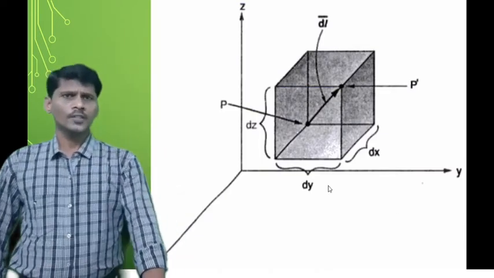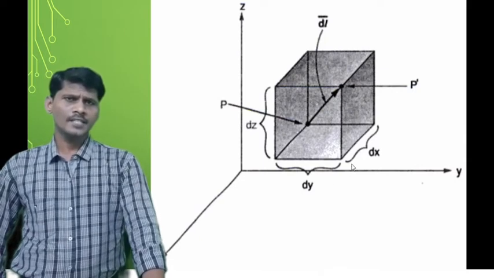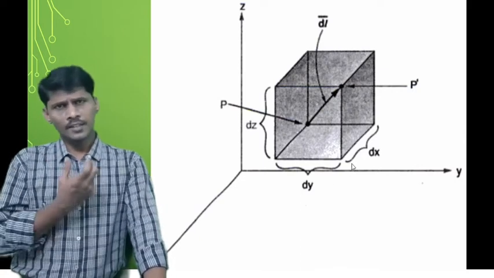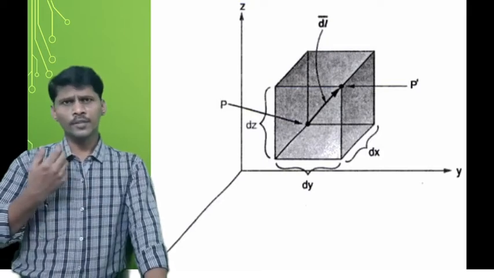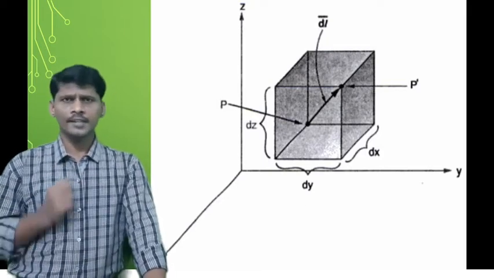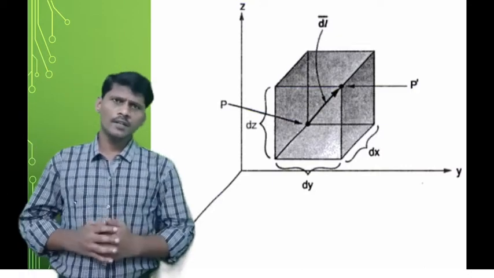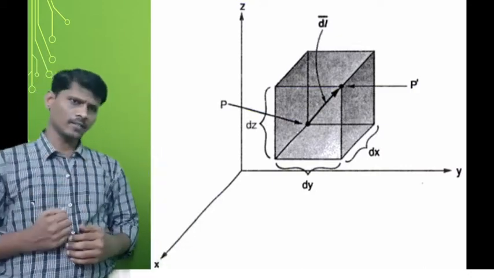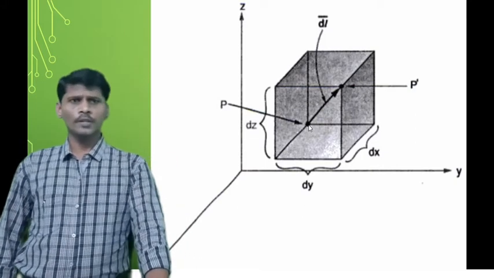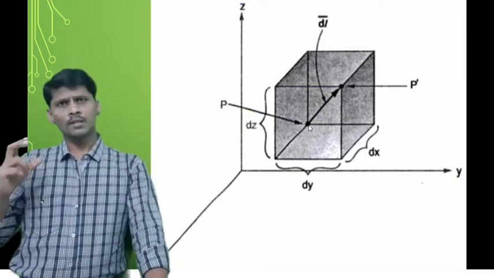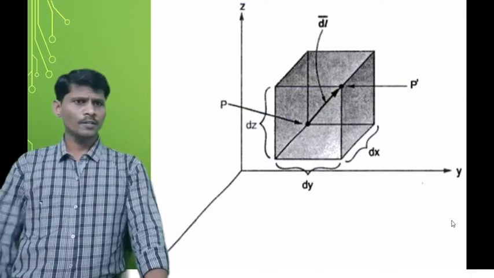So consider the cube in the plane, and dx is the elementary length or the differential length, dy is the elementary length or differential length in y direction, and dz is the differential length or elementary length in z direction. So this is the point P. At this point, P is x, y, z, and this is point P dash.